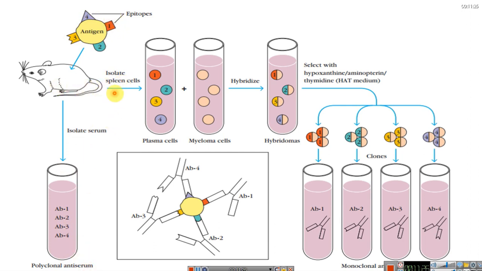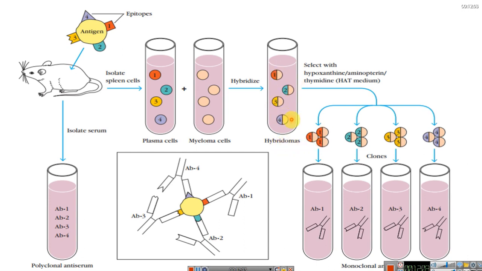Now, if we isolate the spleen cells and fuse these four cells, which are producing these four antibodies, with myeloma cells, which are nothing but cancerous B cells that have infinite potential to divide, right? We hybridize these two types of cells: plasma cells, which have a finite lifetime, and myeloma cells that are highly proliferative cancerous cells. And if we hybridize them, we produce hybridoma, hybrid cells, and we devise some mechanism to screen these hybridoma cells.